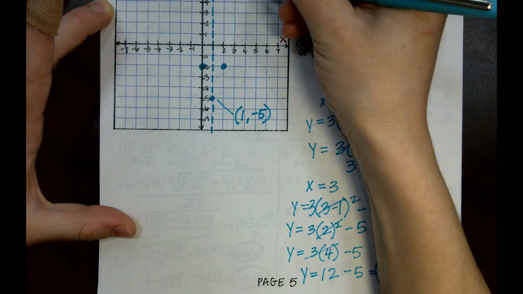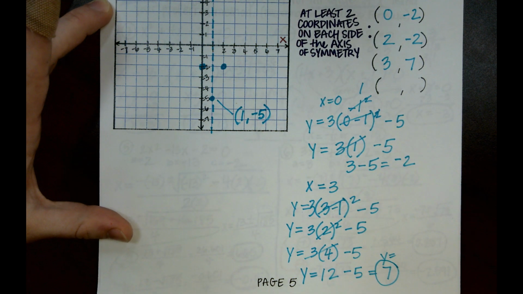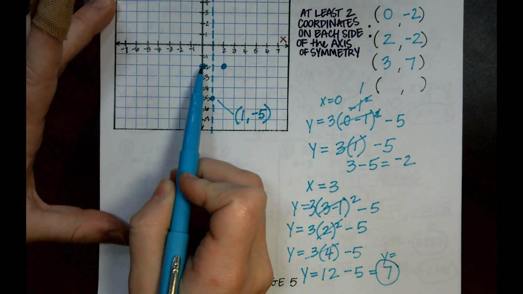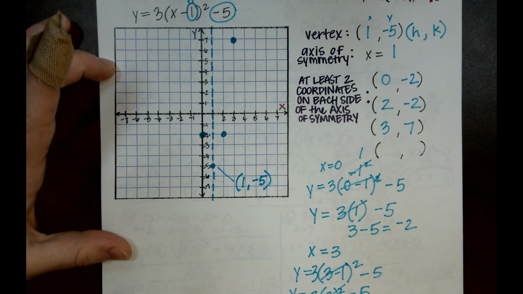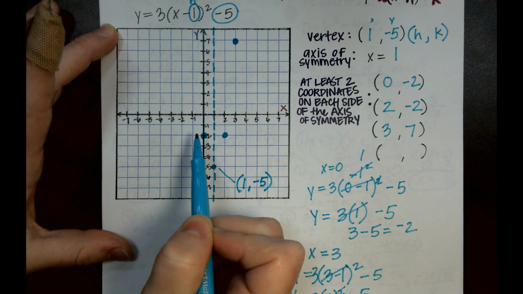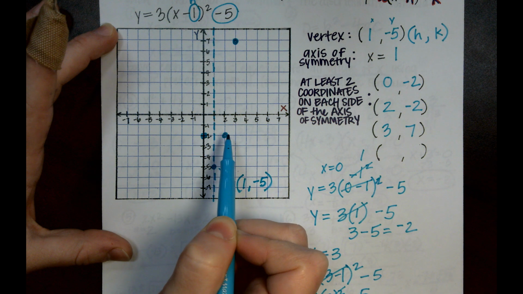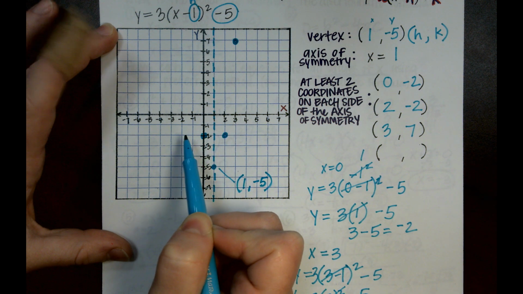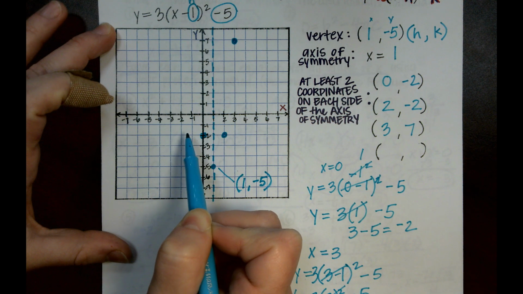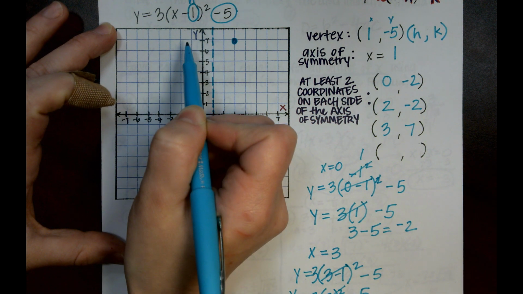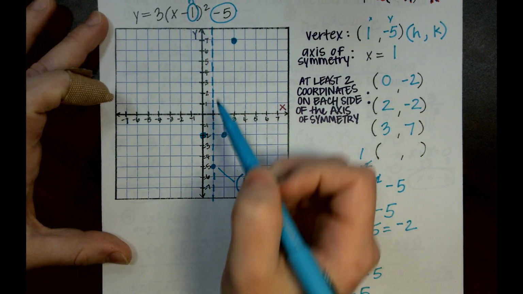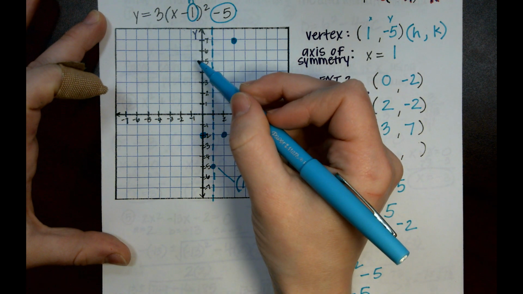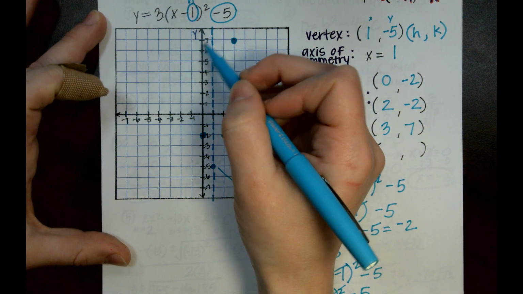Where else can I make a point? Let's try negative 1. It's really tricky when our axis of symmetry is so close to 0 because it's easy to confuse the two.